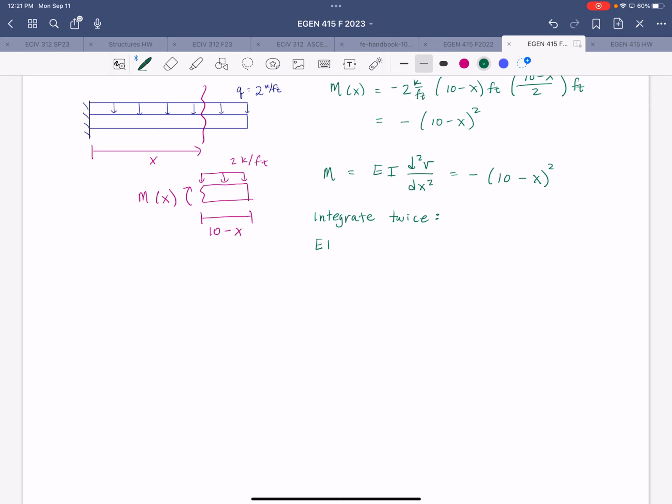So we get EI times lowercase v of x is equal to negative quantity 10 minus x, and that whole quantity to the 4th over 12 plus C1x plus C2.